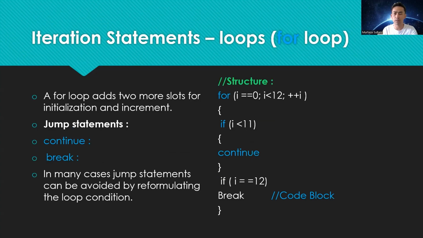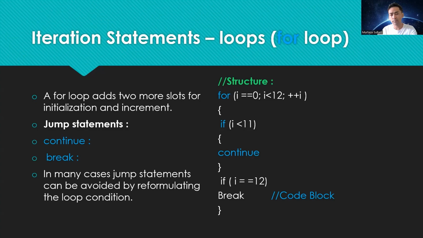We may also have loop statements of the kind for. As you see on the right side, the structure is that after writing the keyword for, inside the parentheses we have three parts. First, we initialize the value and give the condition, and then increment or decrement after that.